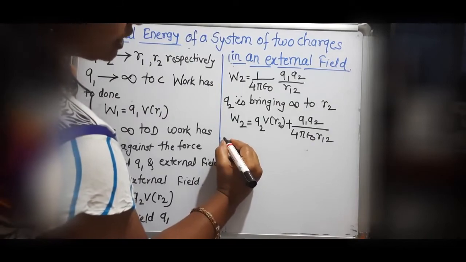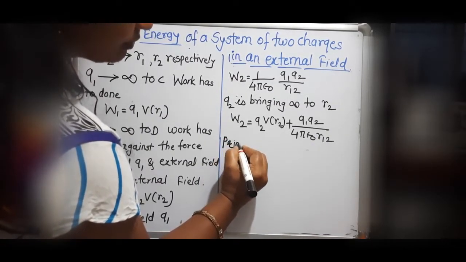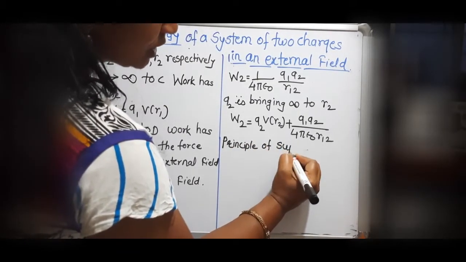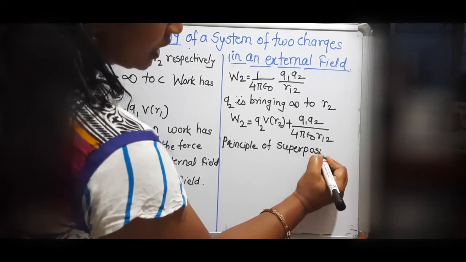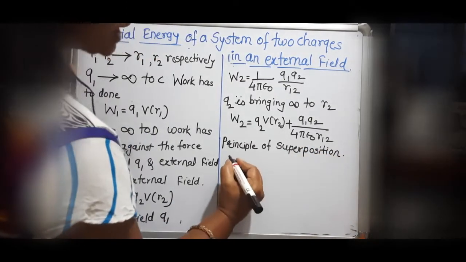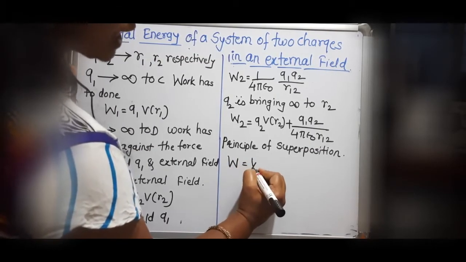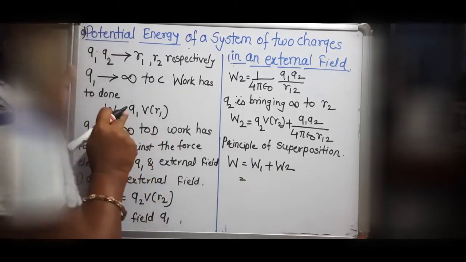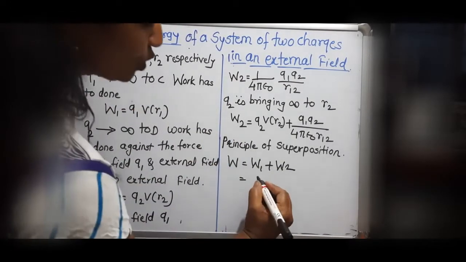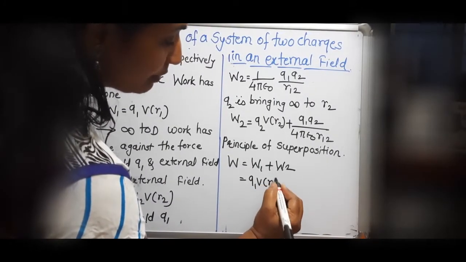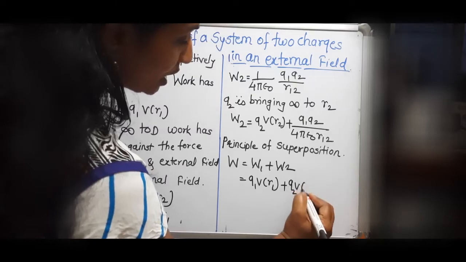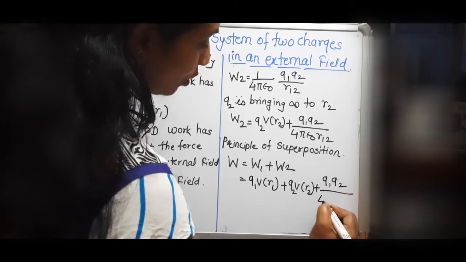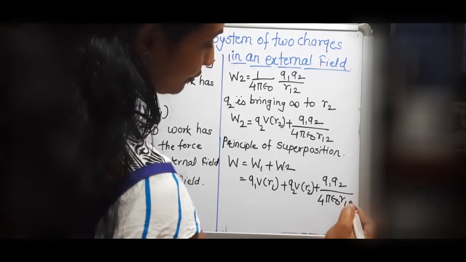Then by using the principle of superposition, the total work done adds up W1 plus W2. So it is Q1 V(R1) plus Q2 V(R2) plus Q1 Q2 upon 4 pi epsilon 0 R12.